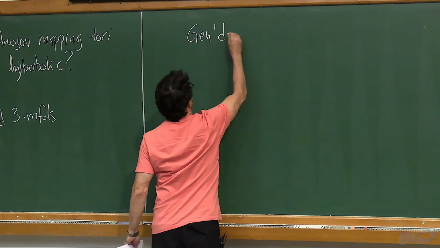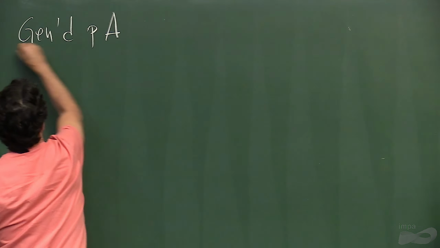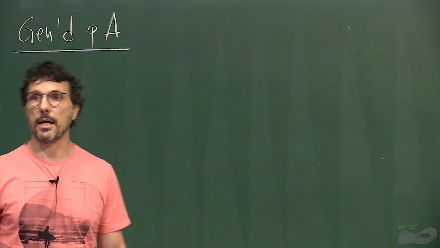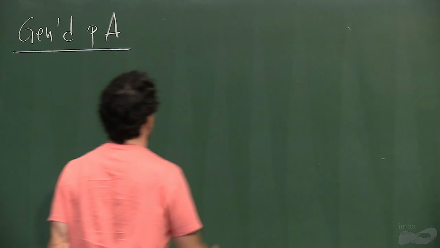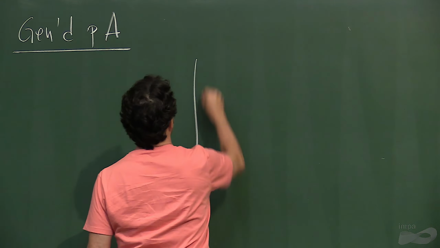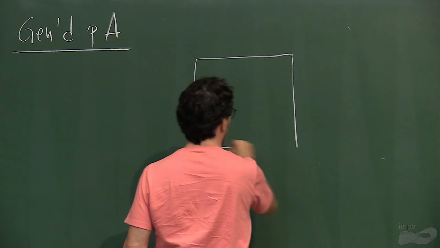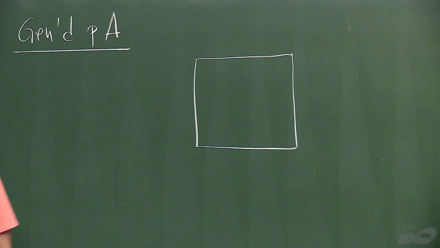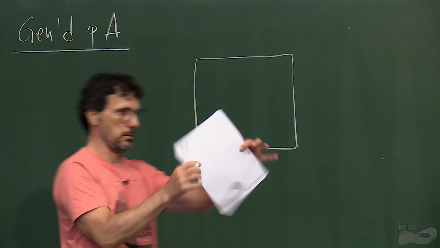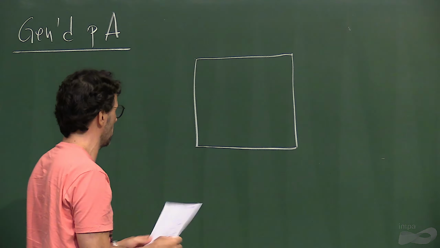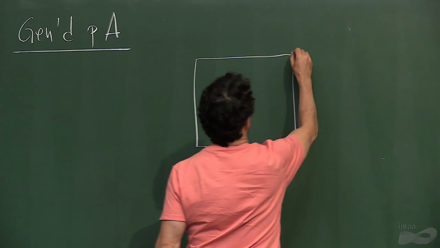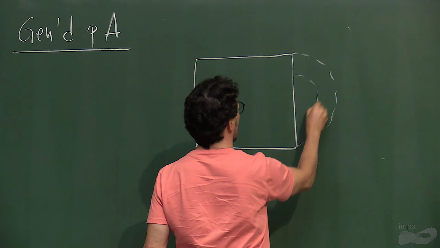what generalized pseudo-Anosov maps are, but I'll start with an example. Here's the easiest pseudo-Anosov map to describe ever, okay? You start with a square, a flat piece of paper. This is rectangular, but it doesn't matter. You glue this side in half like this.